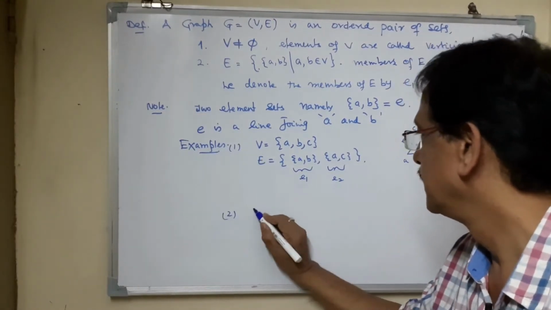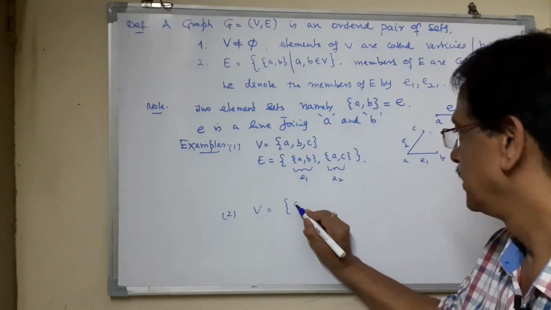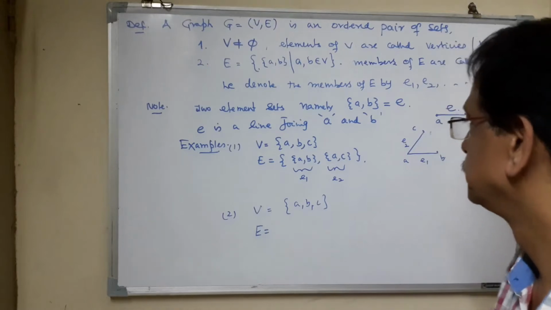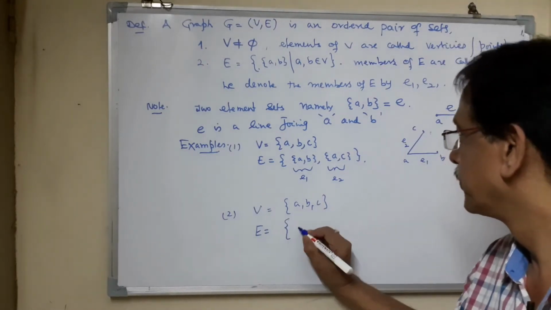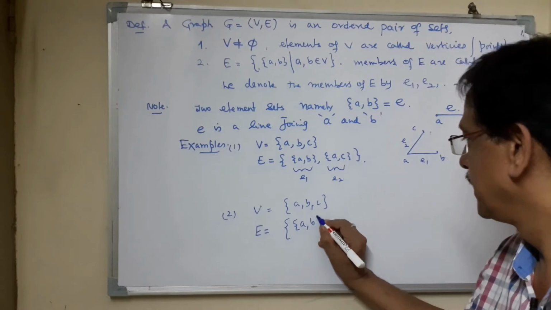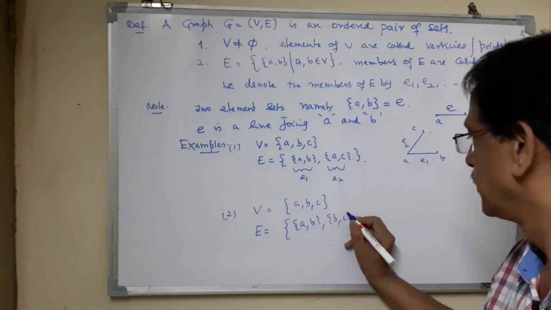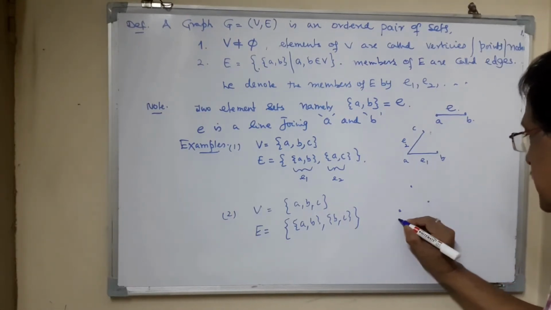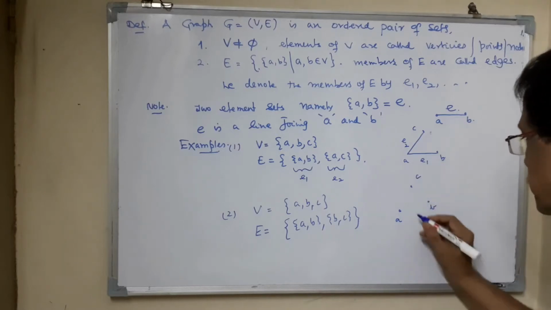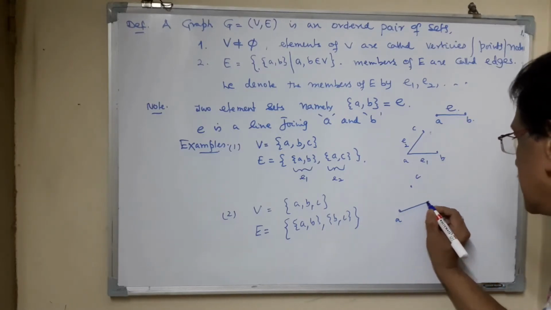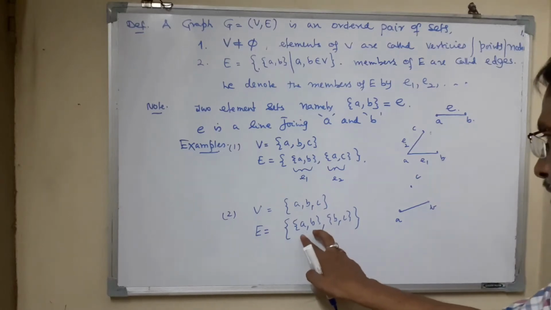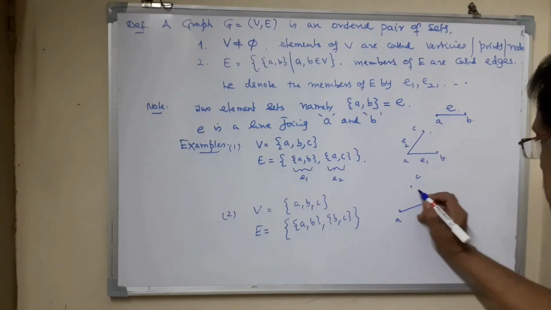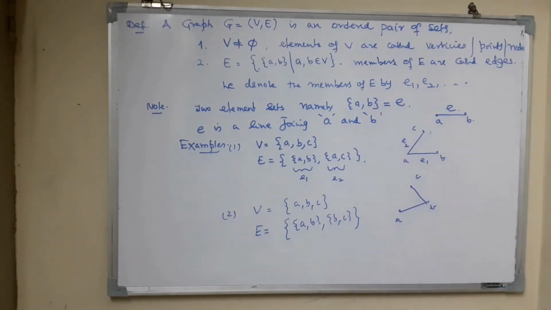Let us see. V is equal to {A, B, C}, and E is AB, BC. So again we can write down A, B and C. Set AB is an edge. This two element set is an edge joining the vertices A and B. Similarly, BC.